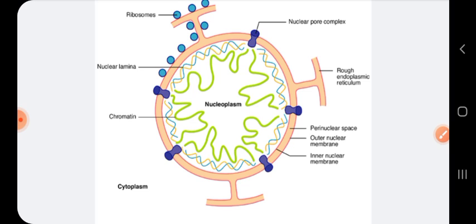Okay, so the inner nuclear membrane is interacting with this nuclear lamina. That's why I have described a little bit about this nuclear lamina. It is made up of lamin proteins with lamina-associated proteins, which help to mediate the interaction between the lamina and inner nuclear membrane, and also they support the nuclear envelope and maintain the overall shape and structure of the nucleus.